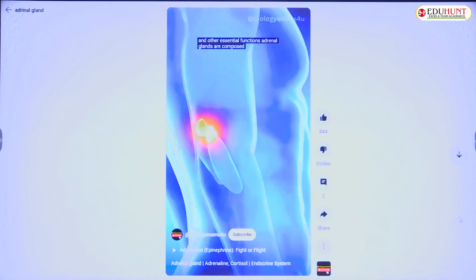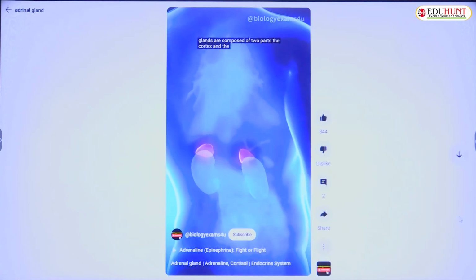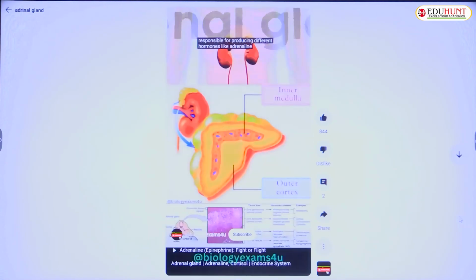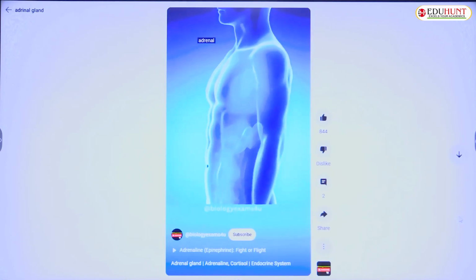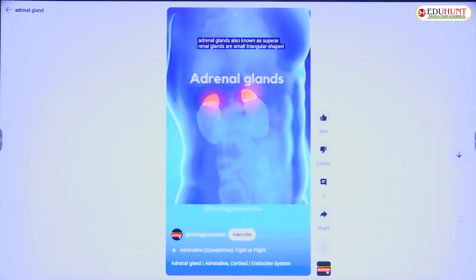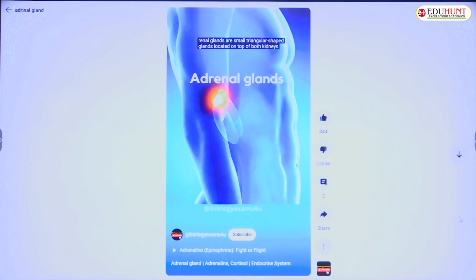Adrenal glands are composed of two parts, the cortex and the medulla, which are each responsible for producing different hormones like adrenaline, cortisol, and aldosterone.